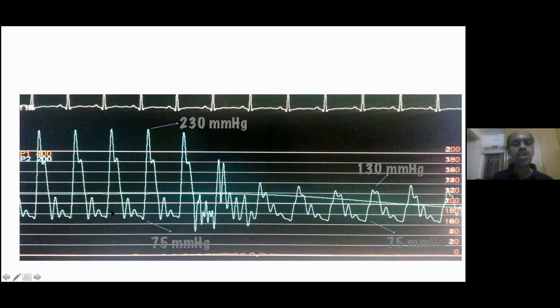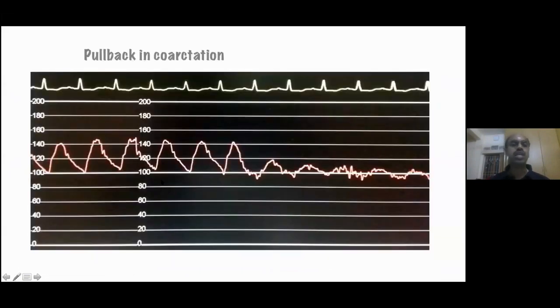You need to identify that the aortic diastolic pressure is completely normal in a supravalvular aortic stenosis. This is different from pullback in a coarctation. In coarctation, the aortic diastolic pressure in the segment above the coarctation is high.